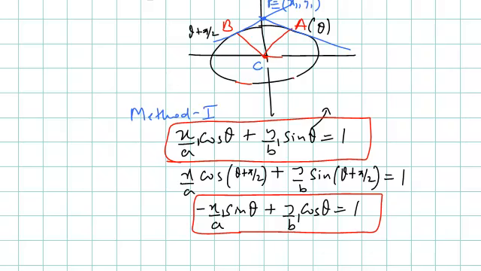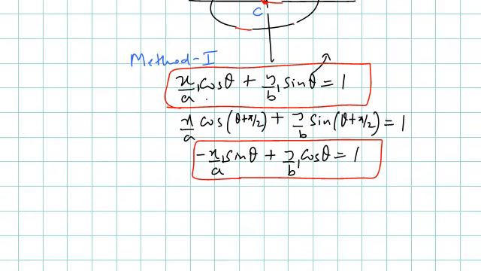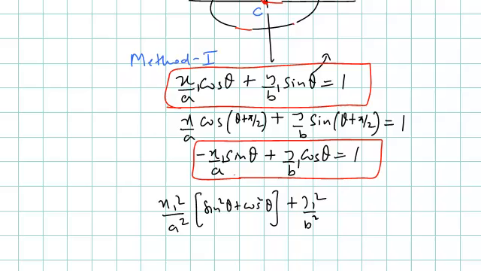In this case, because of symmetry, if we square and add, we'll get x1 square by a square into sin square theta plus cos square theta, that is 1. Same here, we can take y1 square by b square, sin square plus cos square is 1.